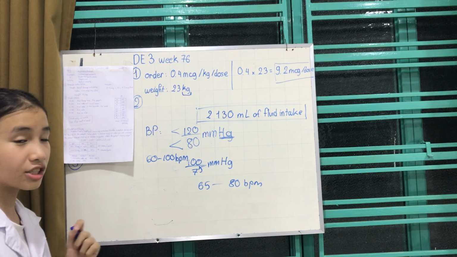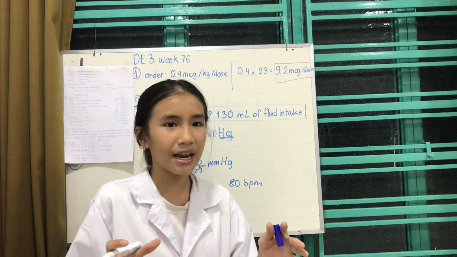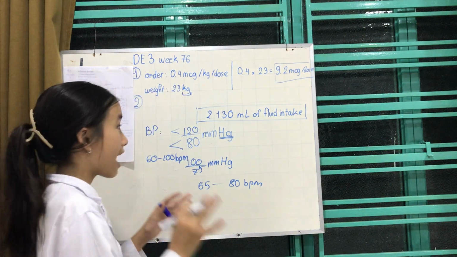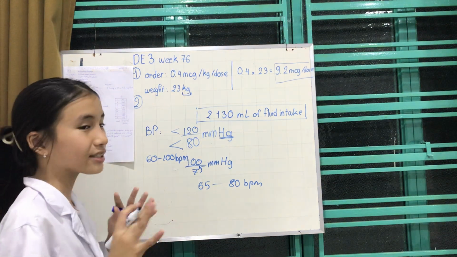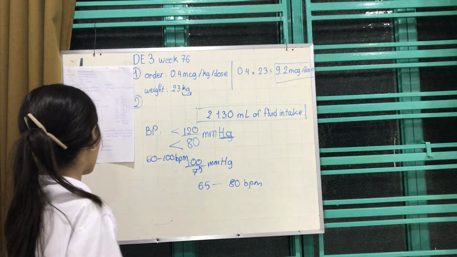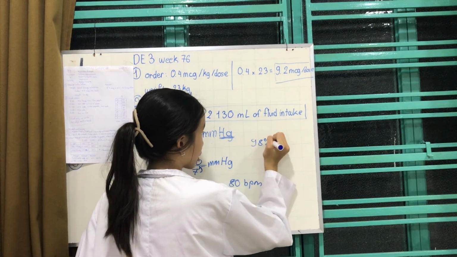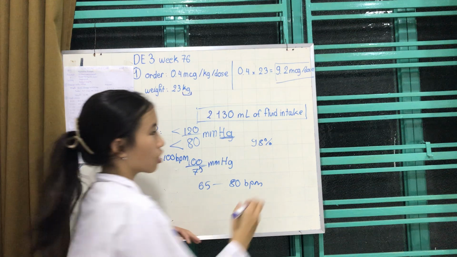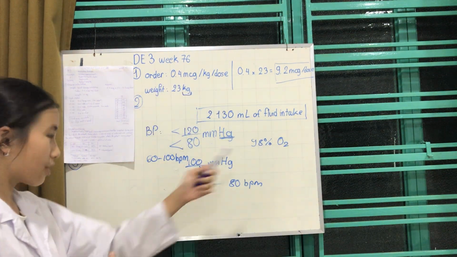And also the oxygen levels. Oxygen levels between 95 and 100% is a normal person. Anywhere under that amount, we need to see a doctor immediately or have special care. So let's say 98% oxygen levels, O2, is a normal person.